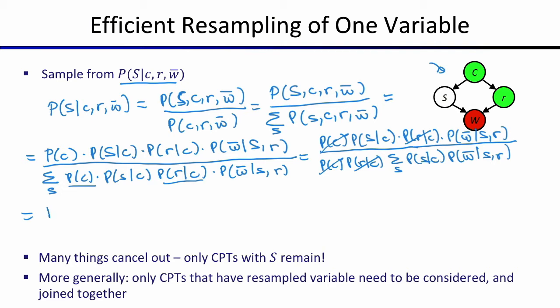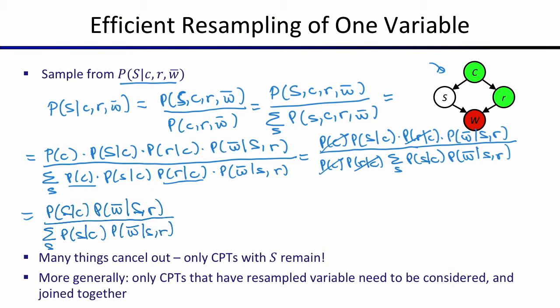It's going to be the probability of S given C and the probability of not W given S and R, over the sum over S of the probability of S given C times the probability of not W given S and R. So if we look at this expression here, we can see that actually what we have in the denominator is a normalizing constant.